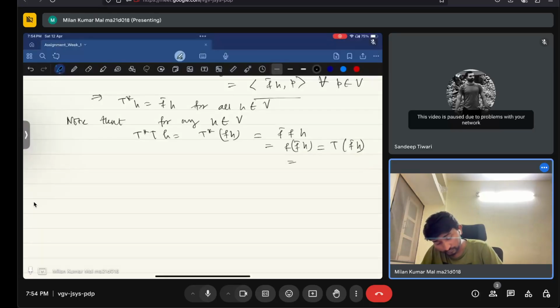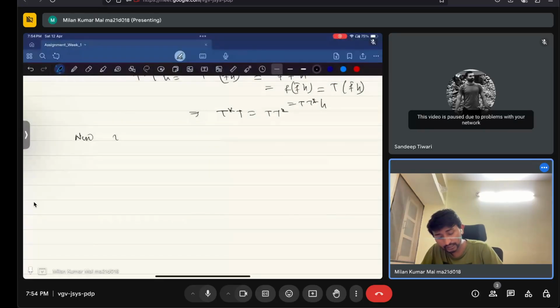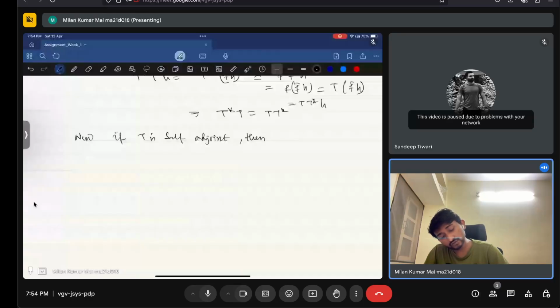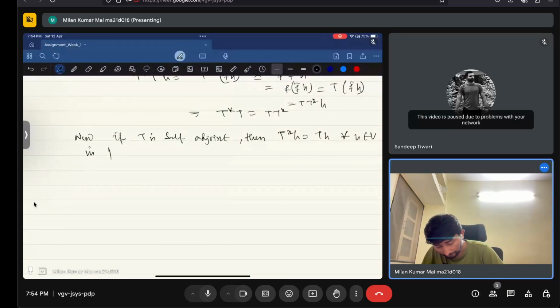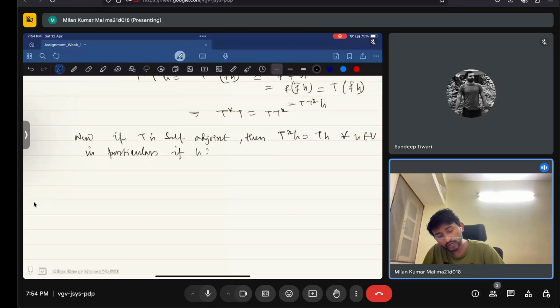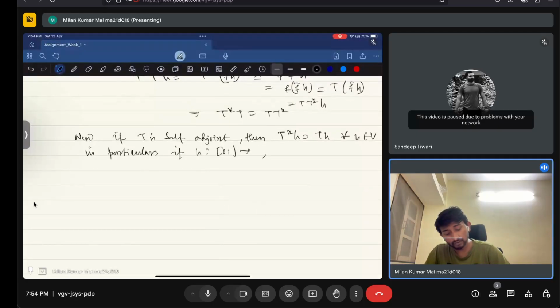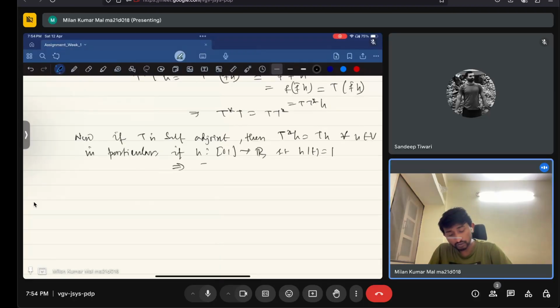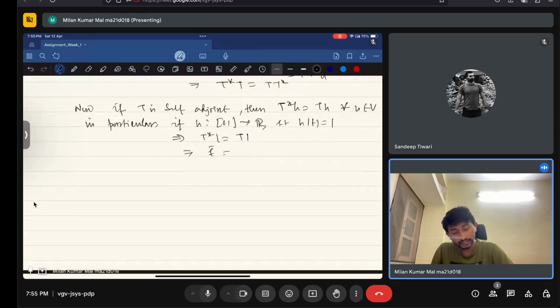Now, if T is self-adjoint, then T star h is equal to T h for all h belonging to V. In particular, if h is a map from 0 to 1 to the field C or R, such that h(t) is equal to 1, that is the constant function, then that should imply T star 1 is equal to T 1. But T star h means f bar h, that means f bar into 1, that is f bar, and this is f.